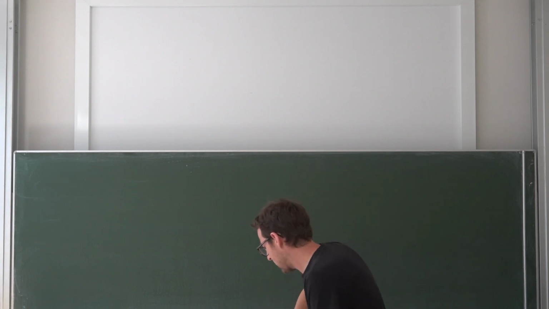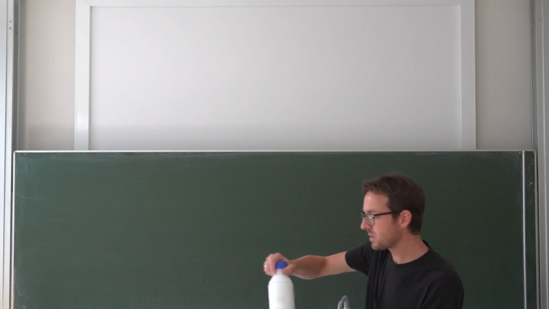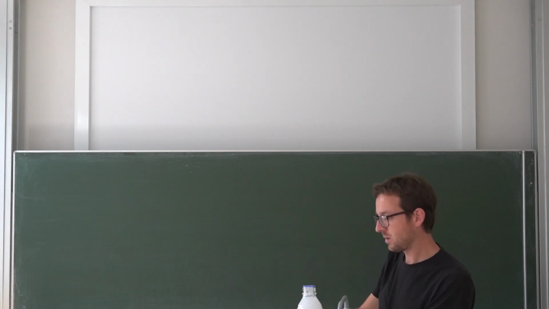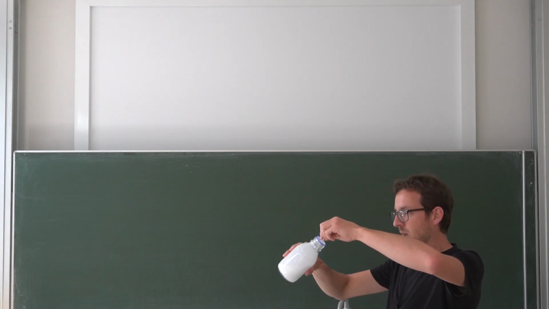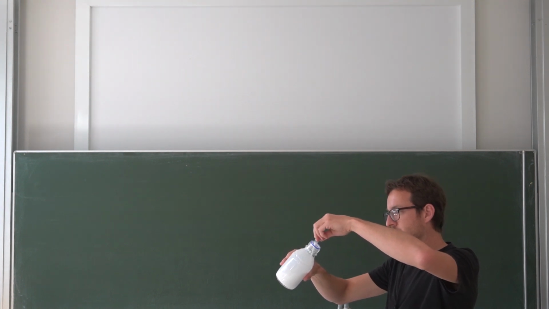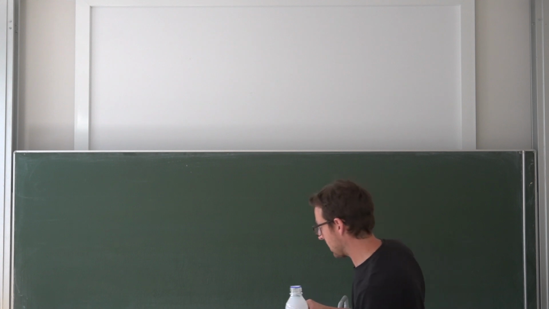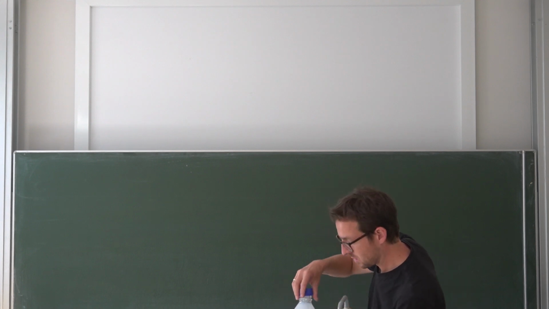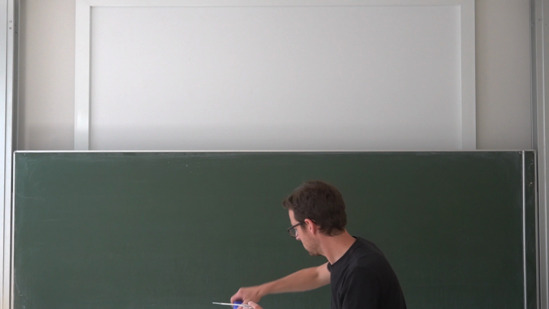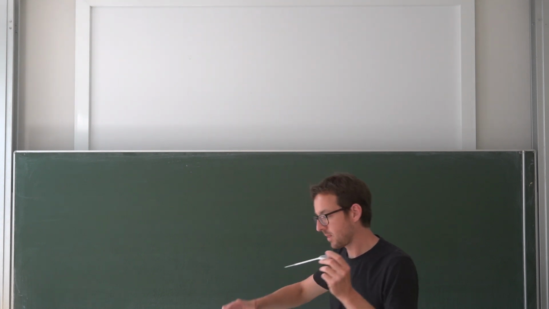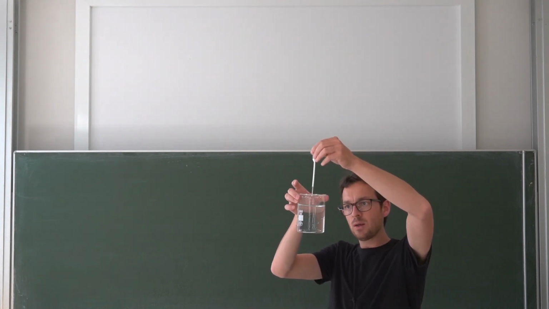Now I do the same trick with the slightly larger particles. And I fill in approximately the same amount of liquid, but as I said, these are much less concentrated. Now I fill them in as well.